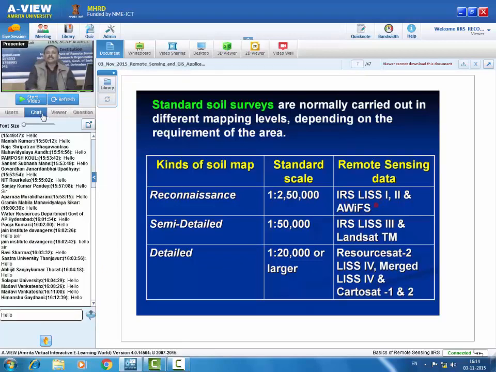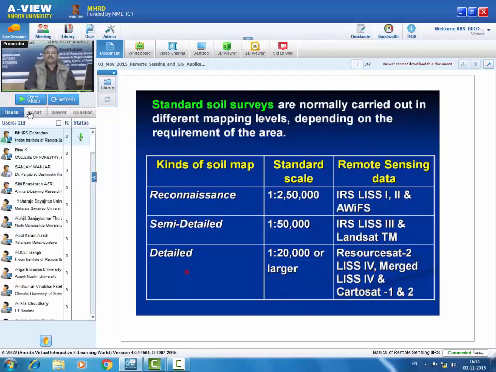For the detailed scale, high resolution remote sensing data, Cartosat 1, 2, and LISS 4 are used. But for 1:50,000, LISS 3 data and Landsat TM data, which are medium resolution sensors, are used, and for 1:250,000, IRS LISS 1, LISS 2 or WiFS data are used.